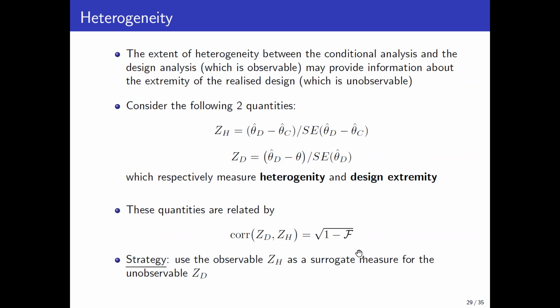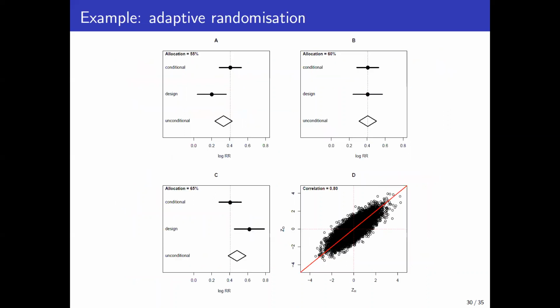So this correlation is going to typically be 80% or more in real studies, one might expect. So there's a decent level of correlation there, such that we can use this observable surrogate for the unobservable measure of the design extremity. And I've just illustrated that here in the bottom right-hand corner.